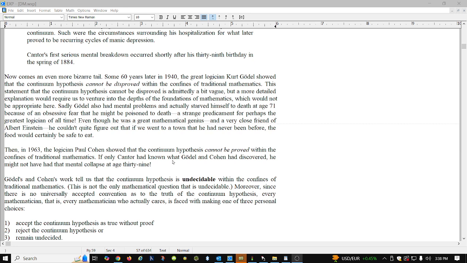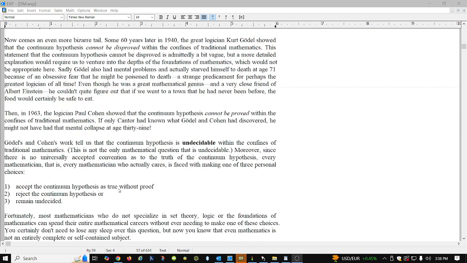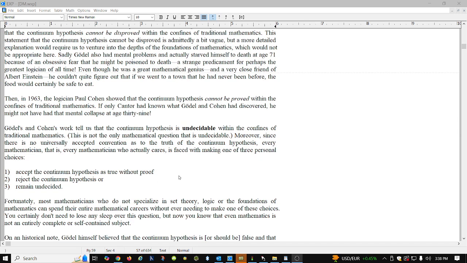So every mathematician, or at least every mathematician who actually cares, and that's not really that many, I suspect, must make a decision, a personal choice. They can accept the continuum hypothesis as being true, without proof, because there is no proof. They can reject the continuum hypothesis, in other words, assume it's false. Again, no proof can be had. Or just simply say, I'm not going to decide.